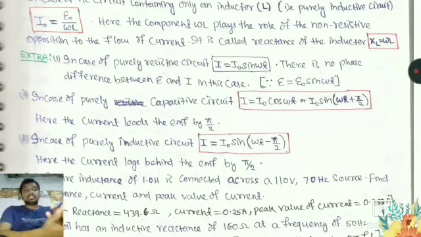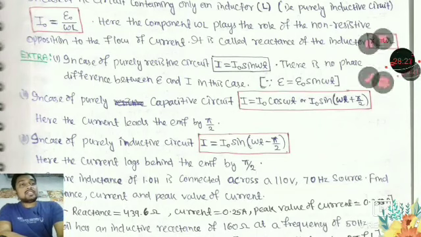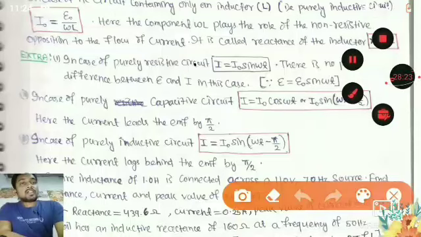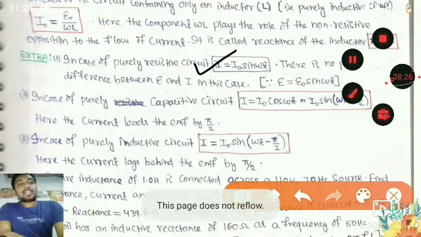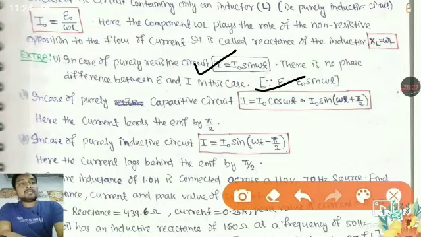In case of purely resistive circuit, I is I naught sin omega t and EMF epsilon naught sin omega t, the current is same as that of EMF, both having no phase difference. That's why there is no phase difference between E and I.